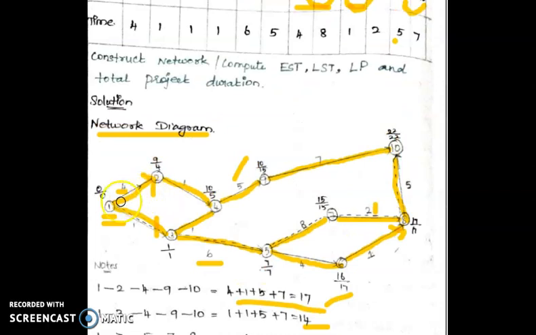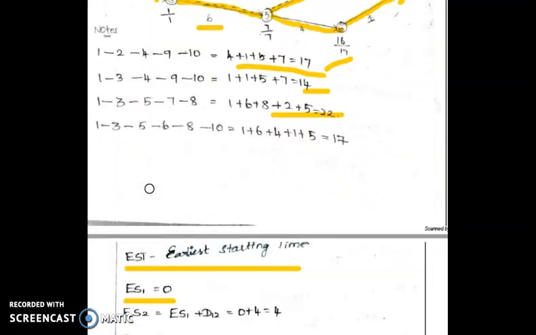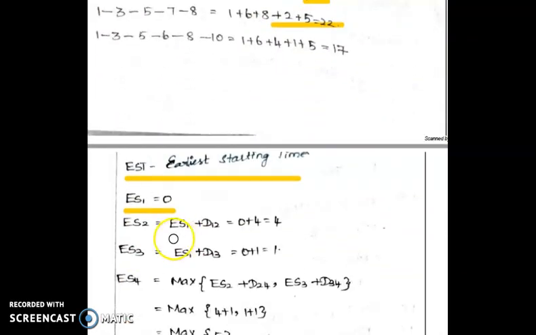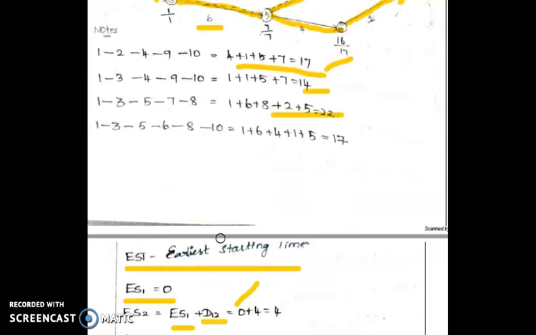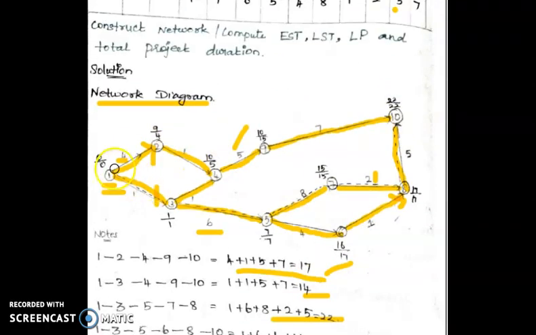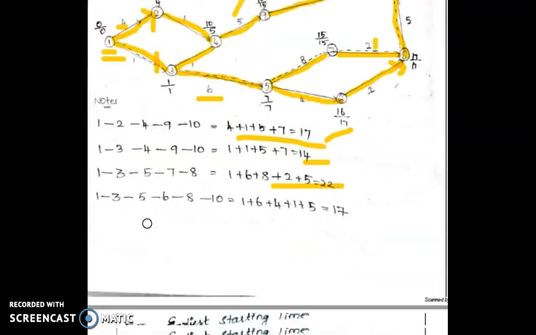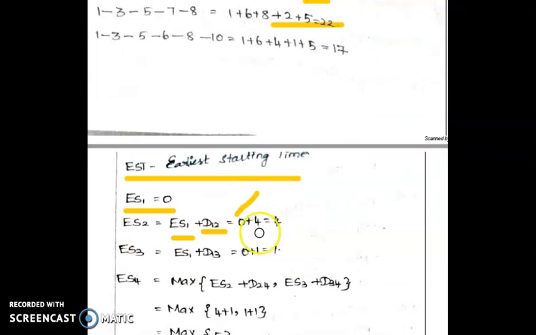We go to 1 to 2. Before that, the completion of 1 allows us to go to 1 to 2. So ES2 means ES1 plus the duration of 1 to 2. The ES1 value is already 0, so the ES2 value will be 4.